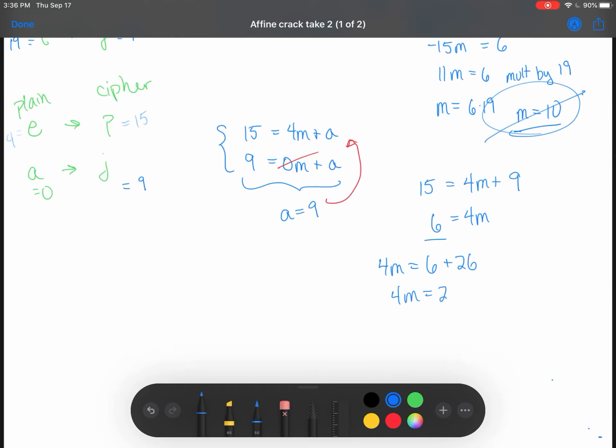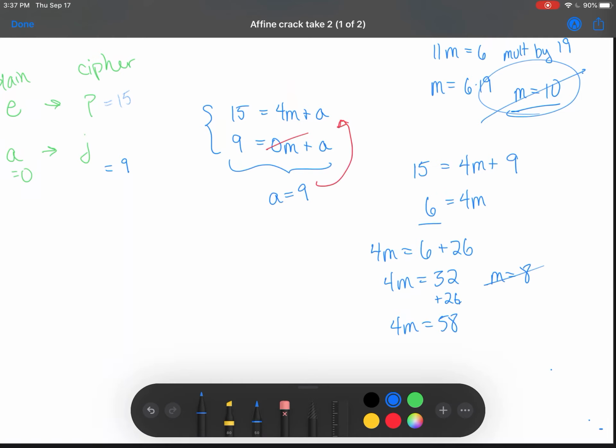That would be 32. So 4m equals 32, which would give us m equals 8. But again, that's an even number, which we know is not a valid multiplicative key. So let's add 26 again. 32 plus 26 is 58. 58 is not divisible by 4, so that's not going to work.